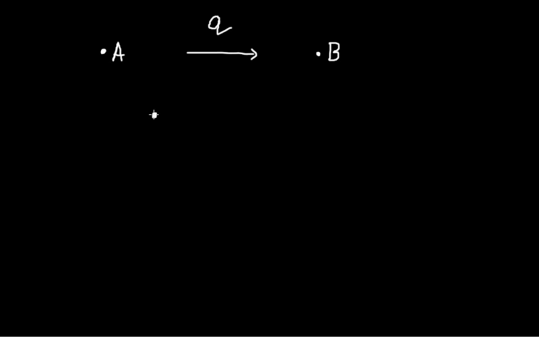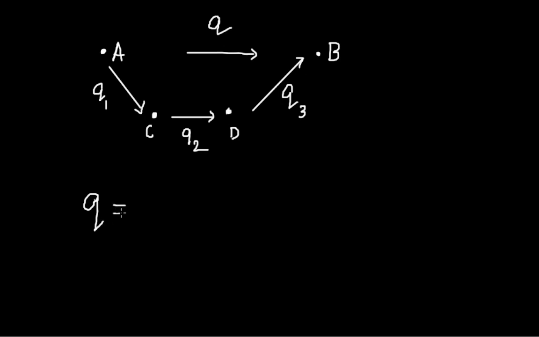Now suppose you go through another path, A to C, then C to D, and D to B. Q1 is the heat change in step 1, Q2 in step 2, and Q3 in step 3. Q will always be equal to Q1 plus Q2 plus Q3. This is your simple statement of constant heat summation.